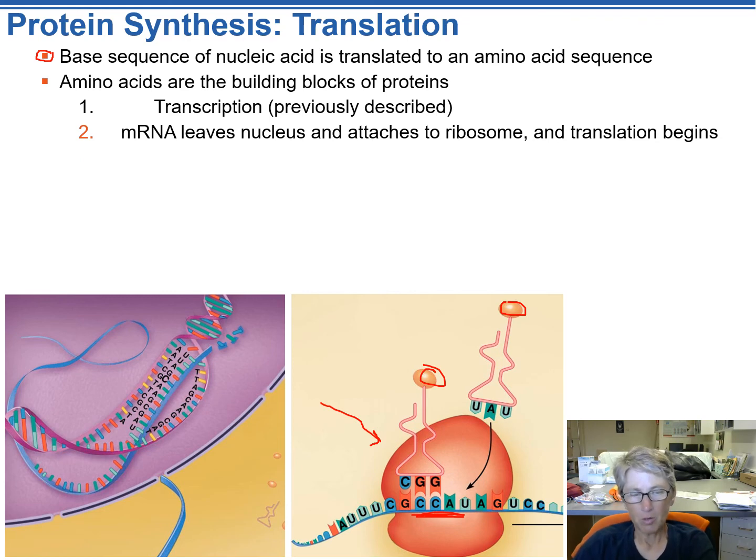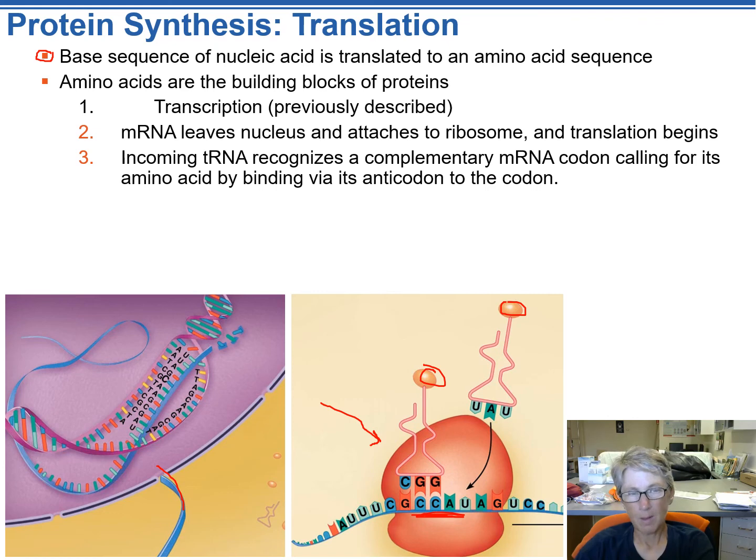Step 2, the messenger RNA leaves the nucleus and goes to a ribosome. We talked about that. Step 3, the incoming transfer RNA, that's this guy, recognizes a complementary messenger RNA triplet codon, calling for its amino acid. Transfer RNA uses an anticodon, and it's carrying the amino acid.